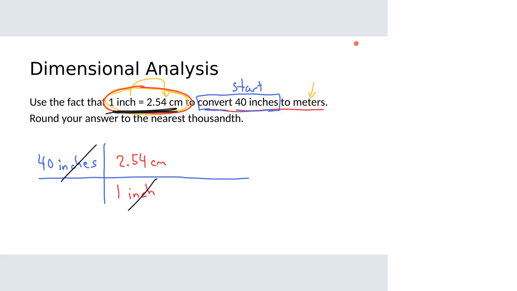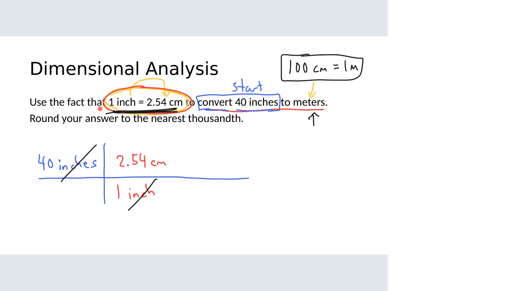All right, now I have 2.54 centimeters, and that's great. I used to have inches, now I have centimeters. I'm trying to get to meters, though. And something that you might know, you might not be that comfortable with the metric system, you might be comfortable with the metric system, is that there are 100 centimeters in 1 meter. If I want to go from centimeters to meters, I need to use this fact also.